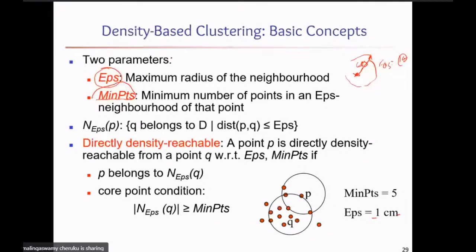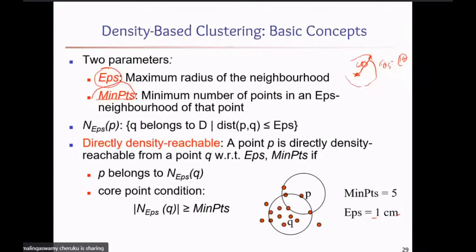It means that Q is in the epsilon neighborhood of P, that is, inside the circumference of P with radius epsilon. This is denoted as the epsilon neighborhood of point P.